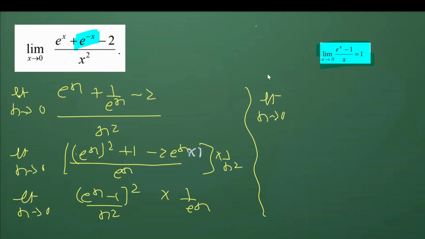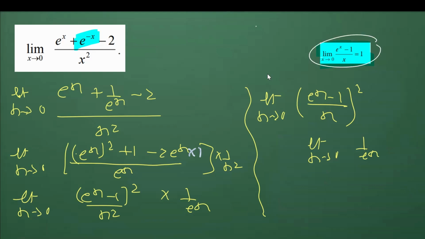Limit x tends to 0, one for e raised to the power x minus 1 over x the whole square, and the other limit x tends to 0, 1 over e raised to the power x. Now check, by applying the limit over here, we'll get 1 square, and that multiplied by 1 over e raised to the power 0, which is 1. So 1 multiplied by 1 by 1 is equal to 1. So we'll say that 1 is the answer for this question.